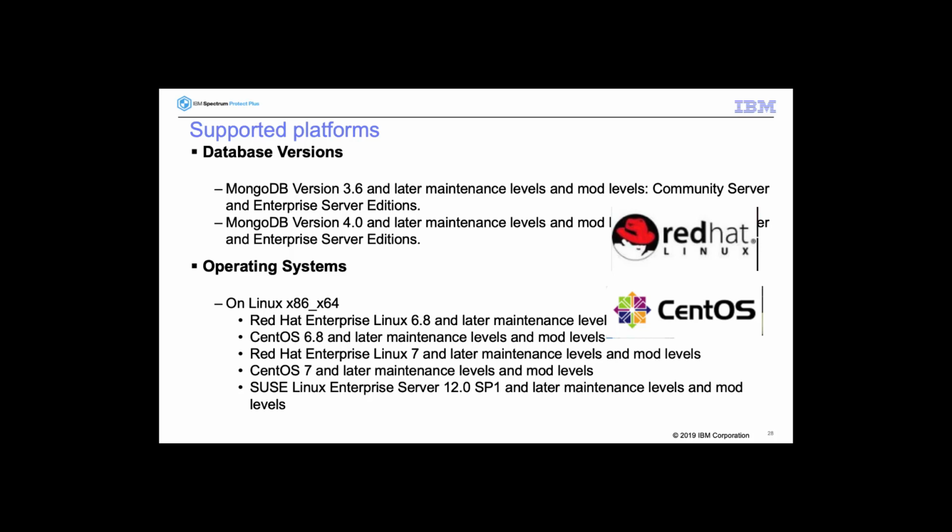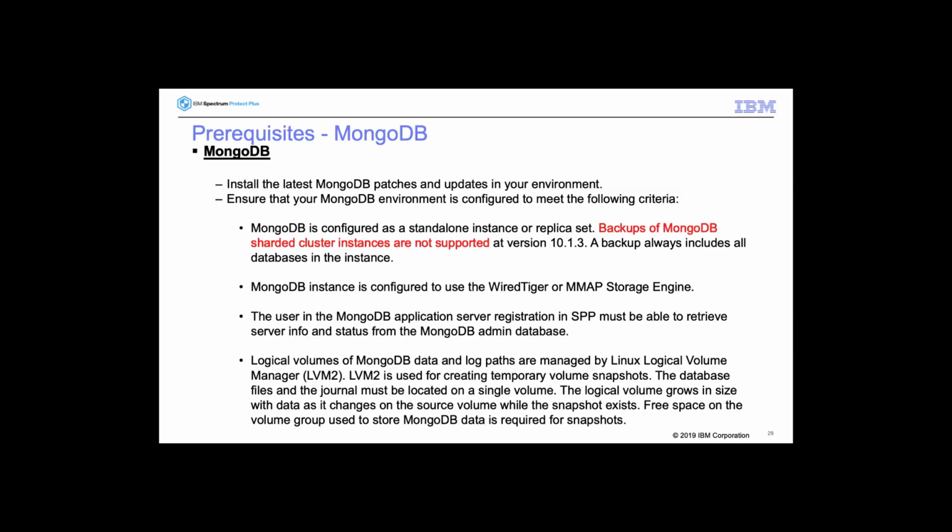We're considering supporting those other platforms in the future, but as of this 10.1.3 delivery, those are the operating systems that we are supporting data protection on. We always recommend that you install the latest patches and updates.